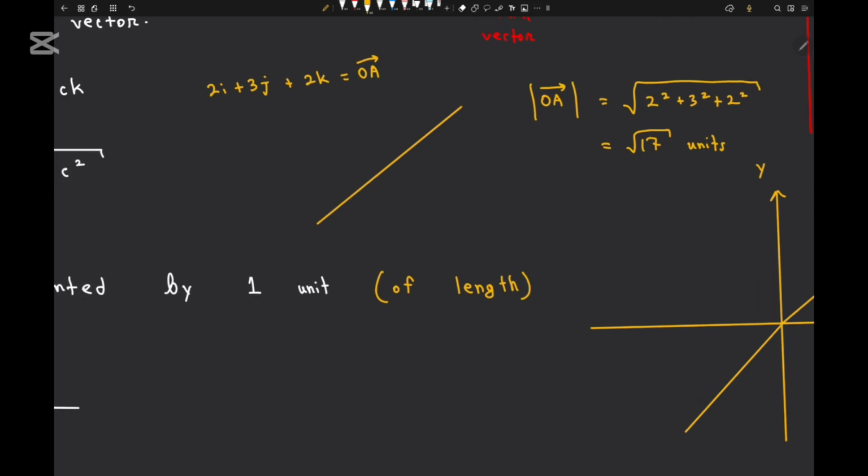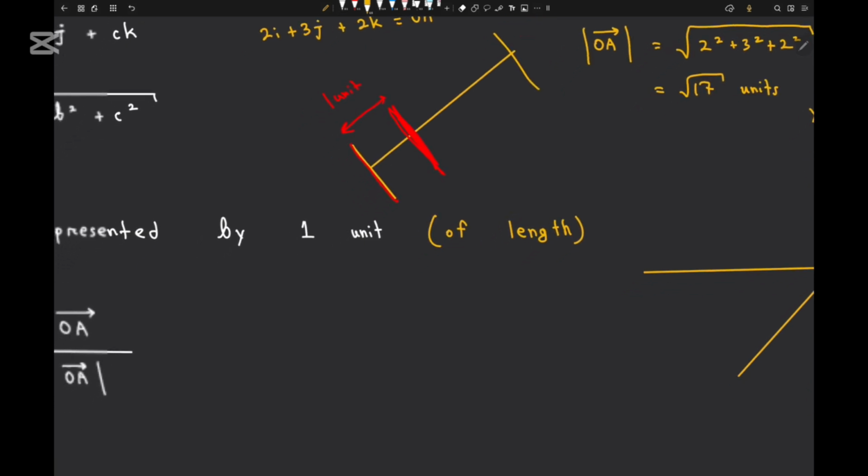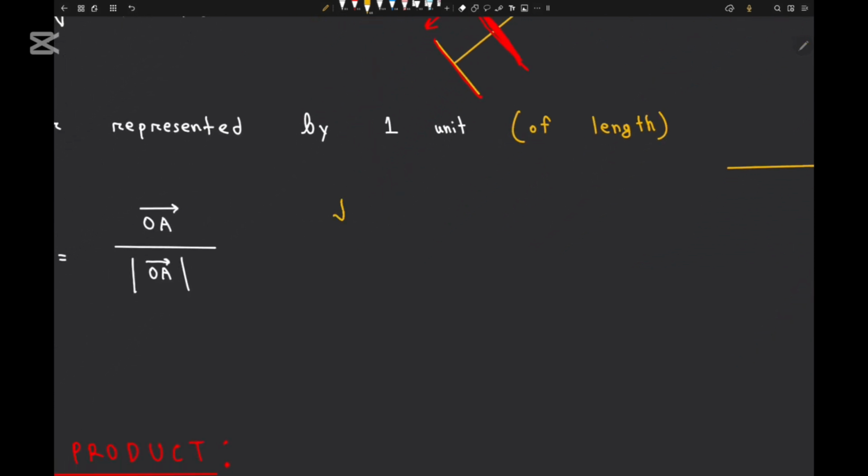Let's say that this is root over 17 units. If I want to find out what vector is represented by 1 unit only, let's say that the 1 unit is up to here. This is the 1 unit or 1 centimeter, however you want to say it. So I can say that root over 17 units represent the OA vector.